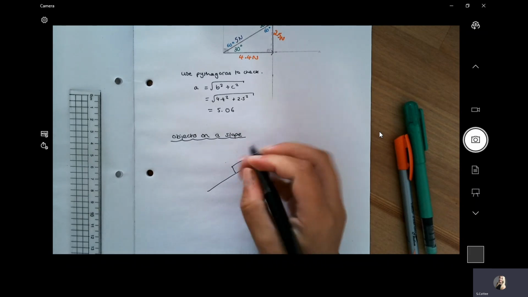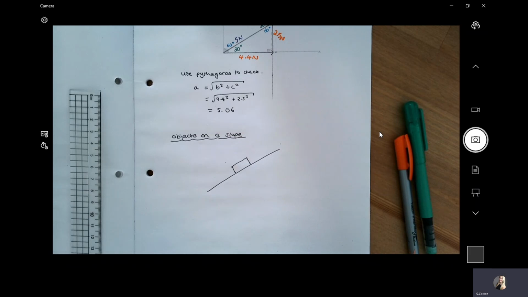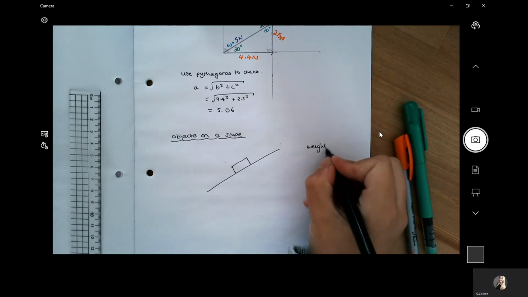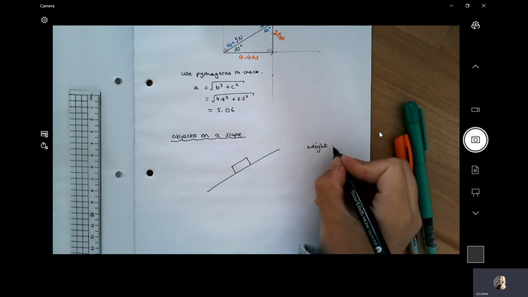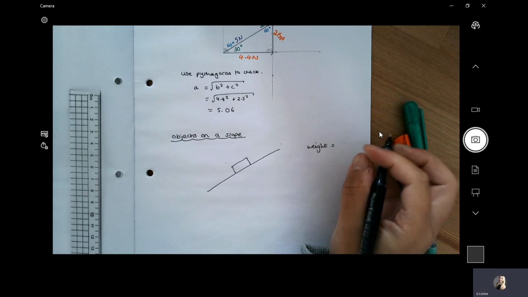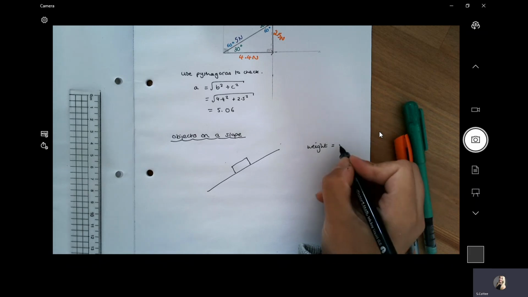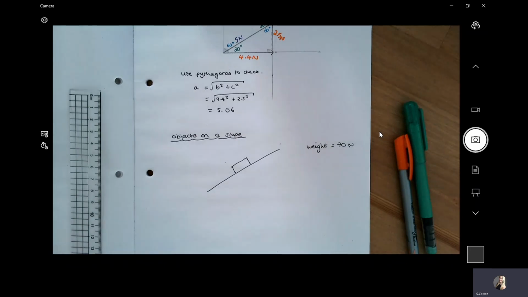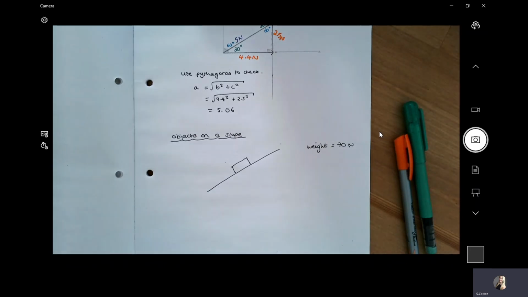It's just going to be a box. Now you could be told in the question the weight of this box. So let's say, for example, that the weight is, oh, I don't know, let's go for 70 newtons. So not much at all.